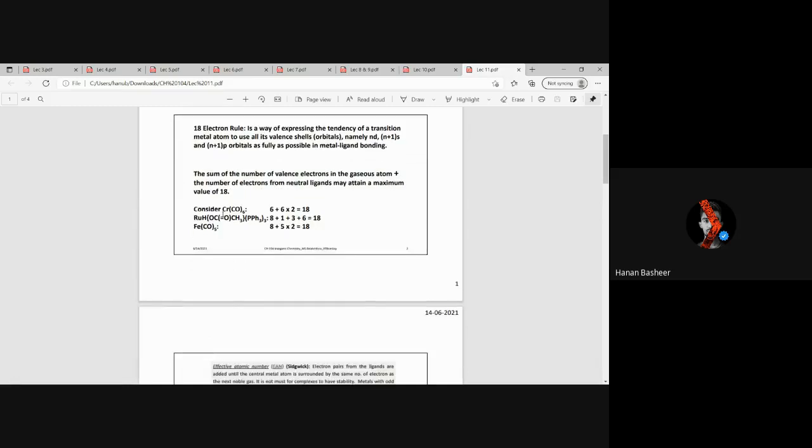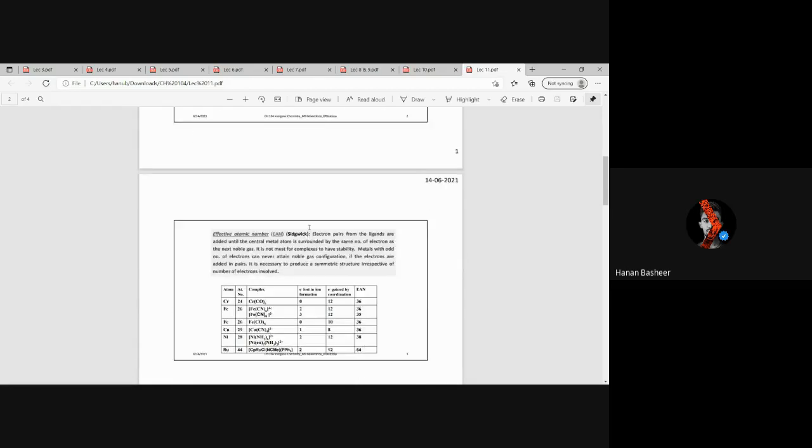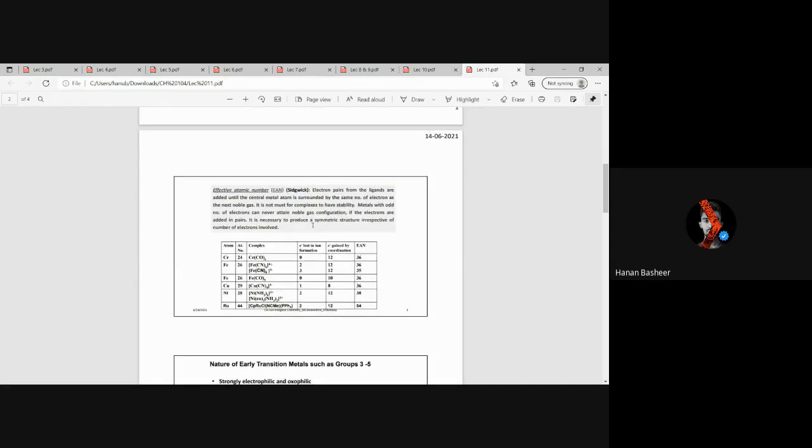So consider Cr(CO)6. This is 6 for chromium's valence electrons and 6 into 2 for each ligand, so total 18. Similarly, we can do this for the others, we get 18, and Fe(CO)5 also 18. So if it is 18, then it is a high tendency of formation.